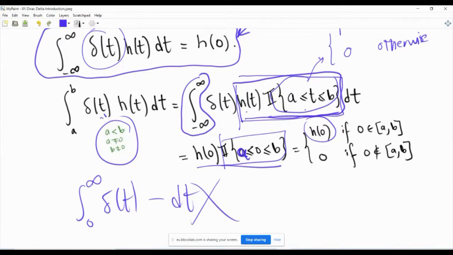If it's inside, it will give you h of 0 as if you are doing the integration from minus infinity to infinity, but if it is outside, it's sort of inactive. The way of understanding how inactive is that you can take any domain of integration from a to b and take it from minus infinity to infinity, and just assume now that delta of t is not operating on h of t, but on h of t multiplied by the indicator.